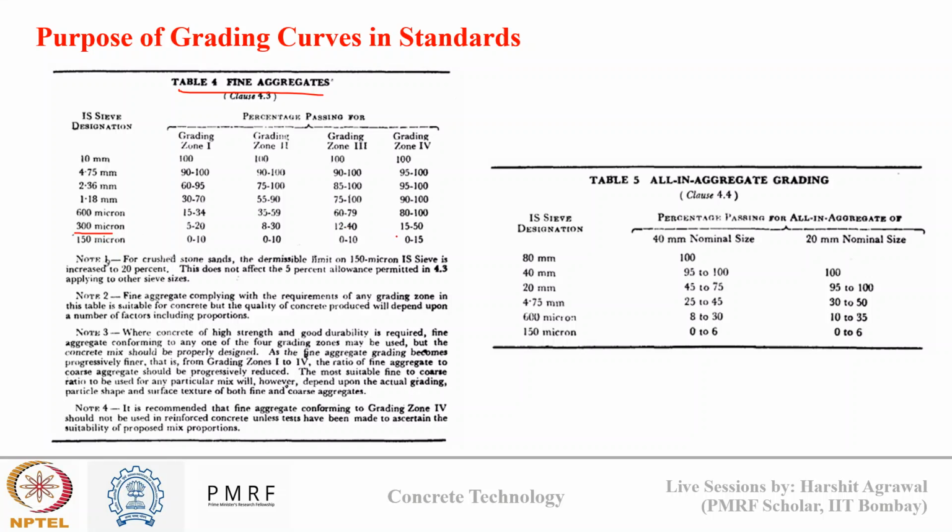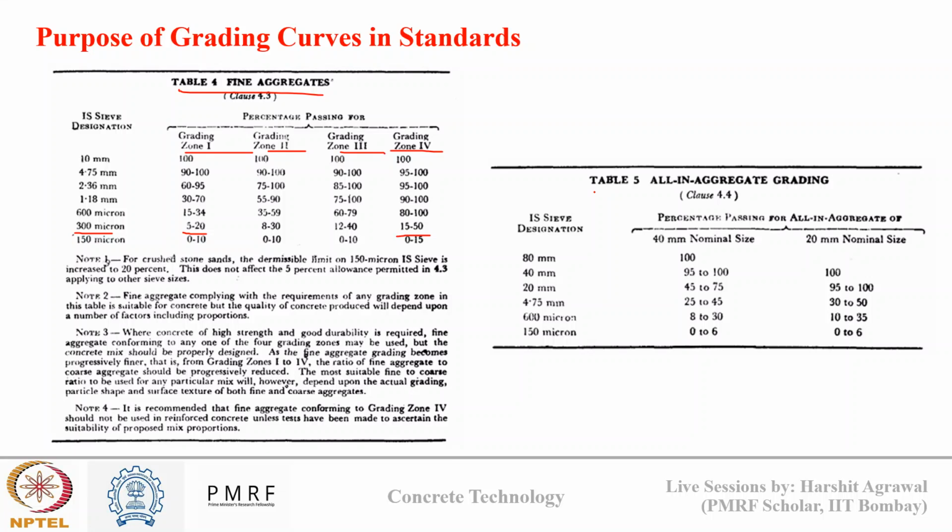In grading 4, there is maximum particle passing through 300 micron size, and in grading 1, we have minimum percentage passing through 300 micron size. This means that grading 4 is the finest and grading 1 is coarser compared to the other three. So in this way fine aggregates also we can classify into different grades, different zones.